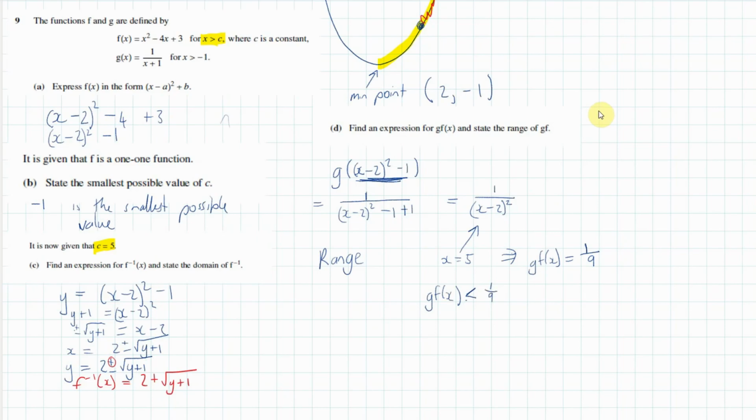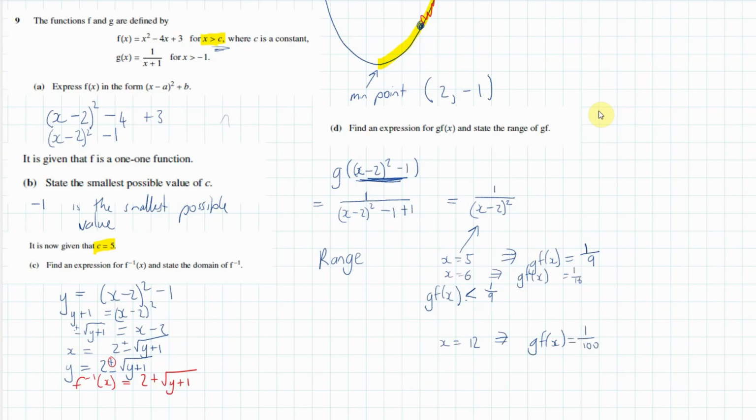Why do I know that's the greatest it can be? Well, whatever other values we put in here, they're going to give lower values. For instance, if we put in x equal to 6, then gf(x) is equal to 1/16. And if we put in x equals, say, 10 or maybe 12, then gf(x) would be 1 over 100.